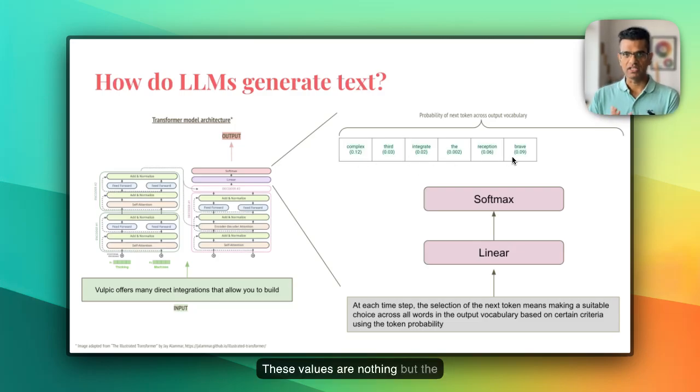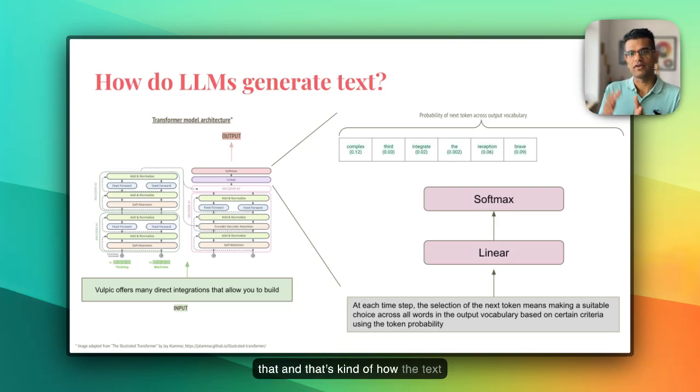These values are nothing but the probability distribution, and therefore each word in the vocabulary of the LLM gets a probability at each token generation step, or at each text generation step, right? We said text is equal to token. And then the word that has the highest probability gets picked. Obviously that means that the model is deciding what is the most obvious next word to come, and it gives that a higher probability, and then it picks that.